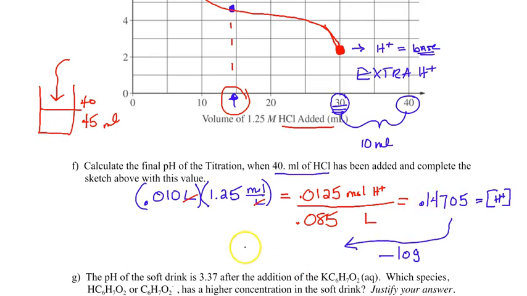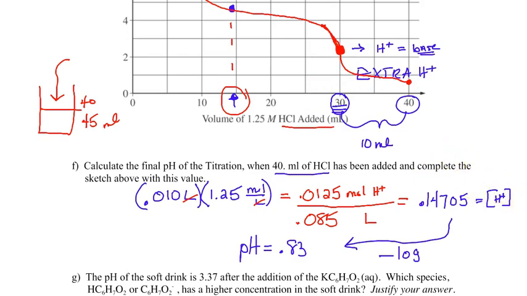And what I get is a pH equal to 0.83. So my final pH is going to be 0.8, something like here. And remember, I'm asymptotically going through this, and then I'm going to level off. And that's how I'd finish that.